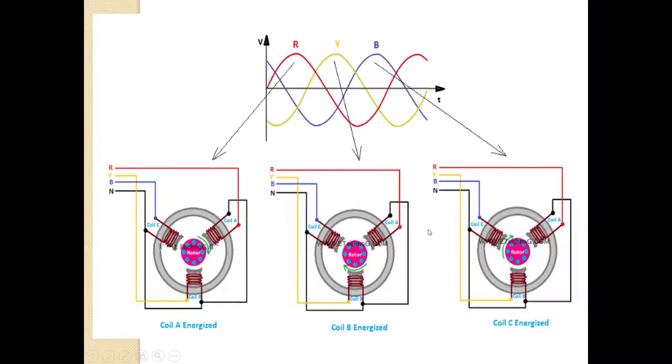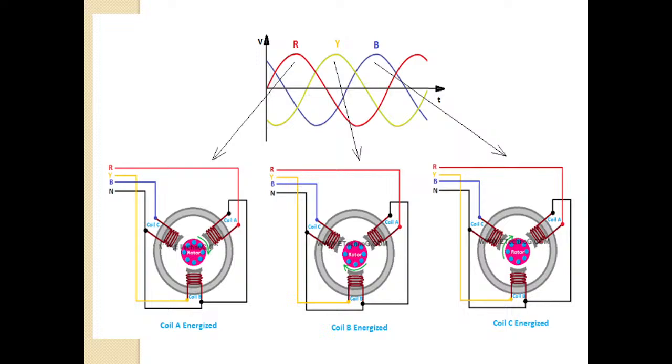When three-phase supply is given to the stator winding, it will produce a magnetic field. When current flows to the stator winding, it produces a magnetic field, known as the rotating magnetic field. In a transformer, when current flows through the primary winding, flux is produced.